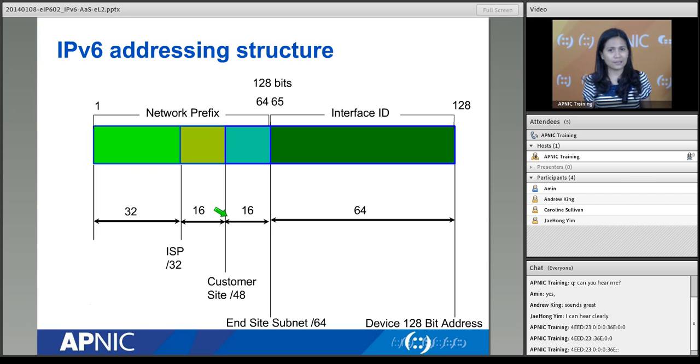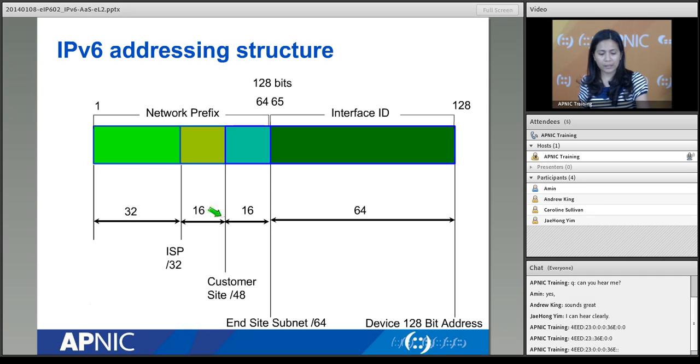So you can come back to APNIC and request a subsequent allocation, another /32 block, once you've reached a certain point of delegation. When you do that, APNIC will provide you with another /32 which is adjacent to your previous block. So you will now have a /31. That's how subsequent allocation works.